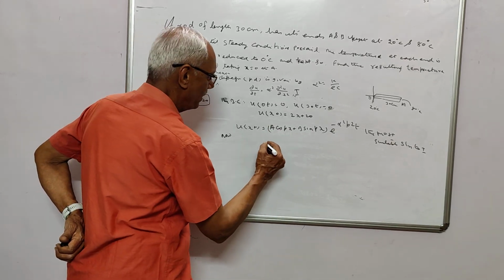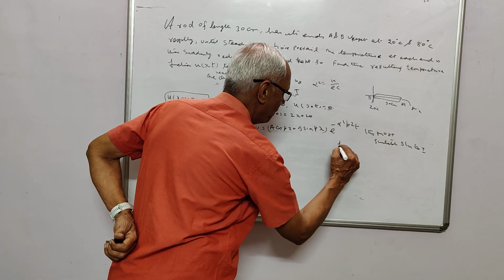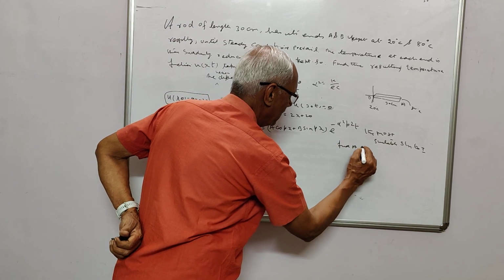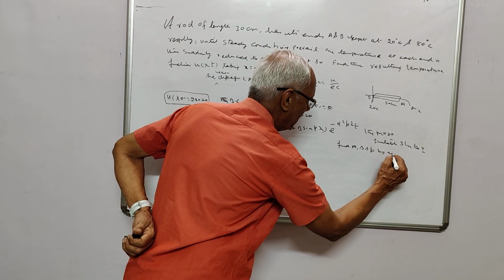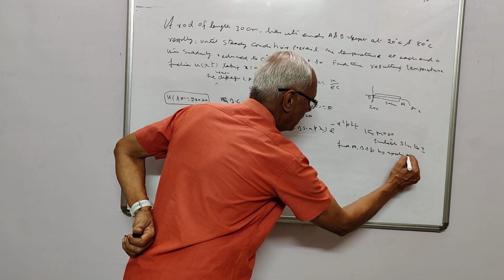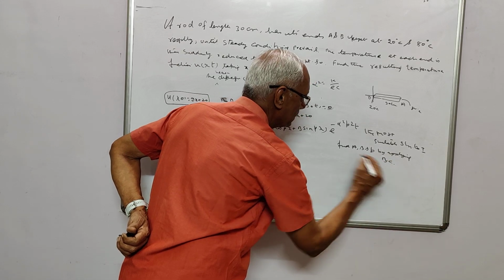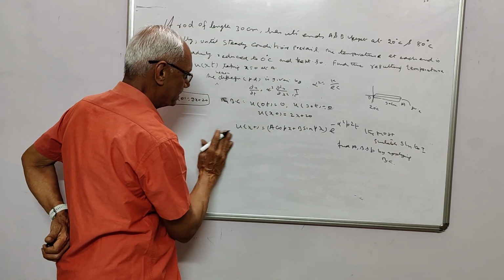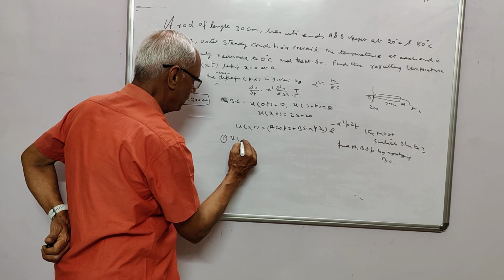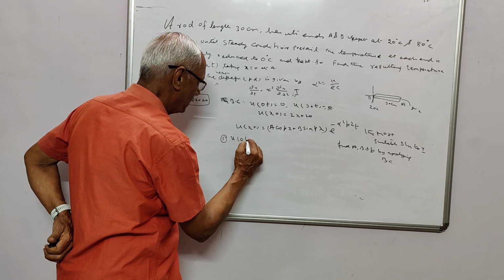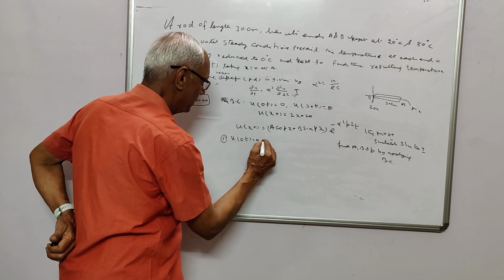Now find A, B and P by applying boundary conditions. Now let us start applying this. So one is U of 0,t is equal to 0.